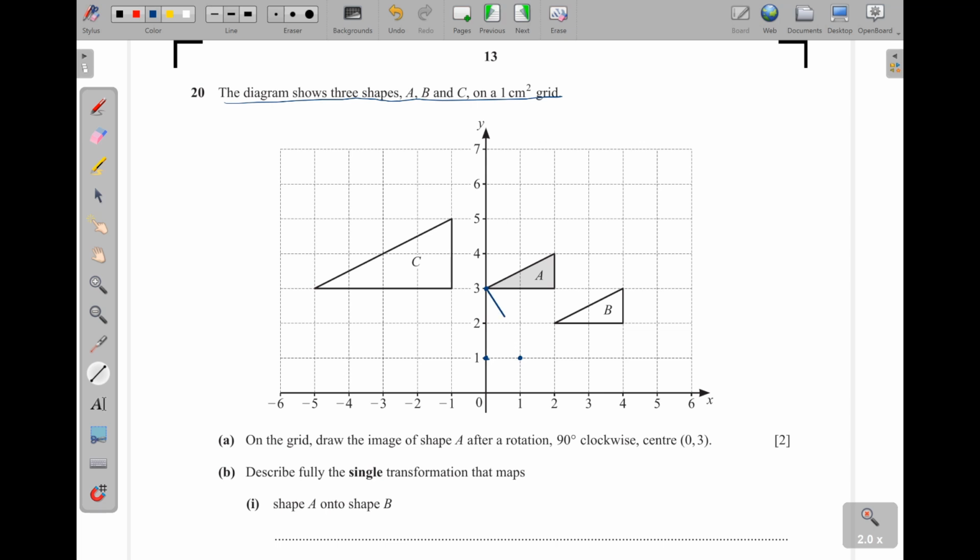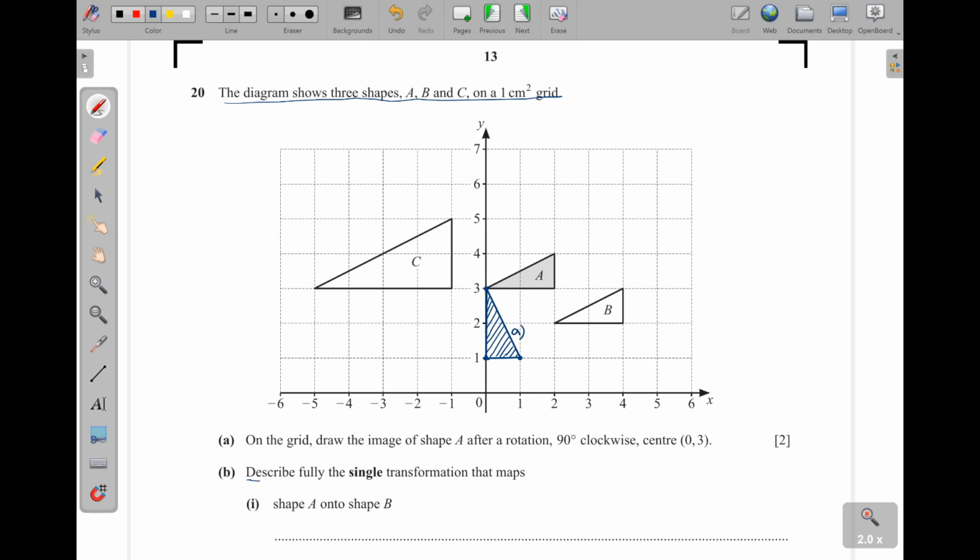So just join this point here to this one here and to this one here. If you want, you can shade. I can shade this one. And then I label it. This one, if they tell you to label it with a letter, that is what you use. But this is part A. So I'll put here part A.